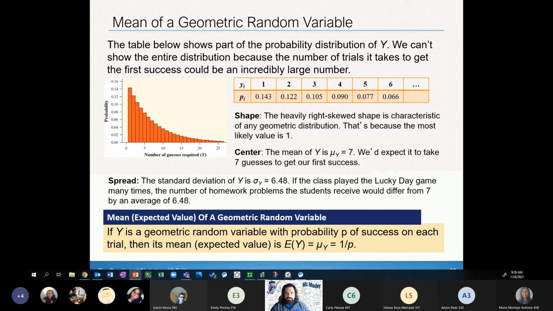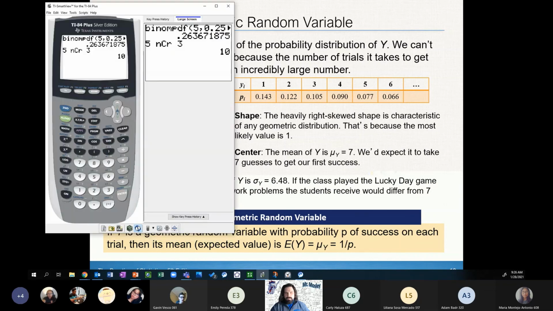All right. And lastly, we have the ability to ask our calculator to calculate probabilities based on geometric distributions. To do this, we use the Geomet PDF or Geomet CDF calculations.